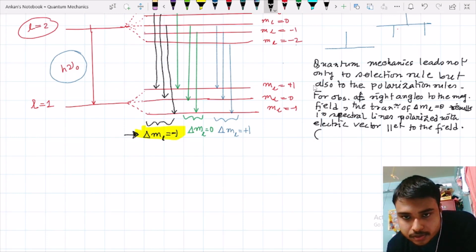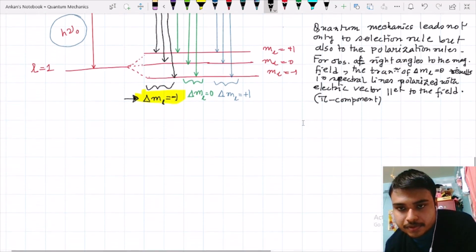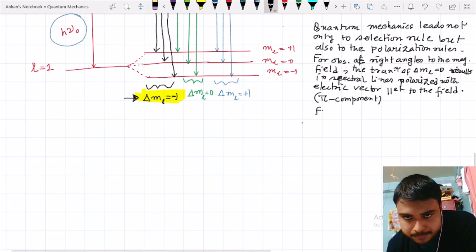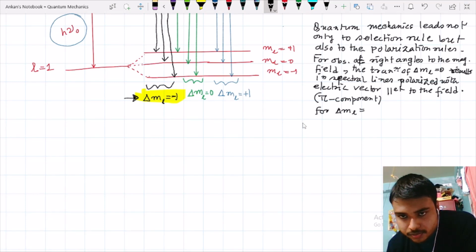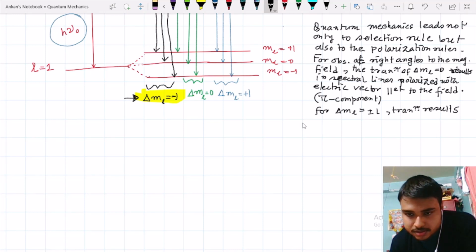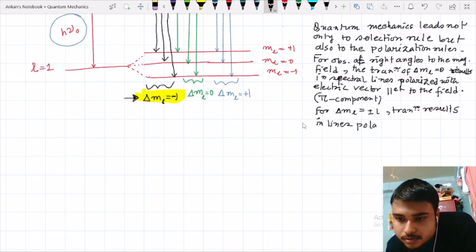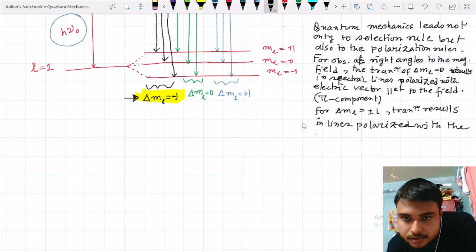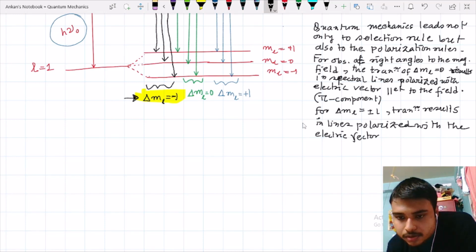Okay, these originate by pi component, whereas for delta ml plus minus 1 transition results in lines polarized with the electric vector perpendicular to the field.